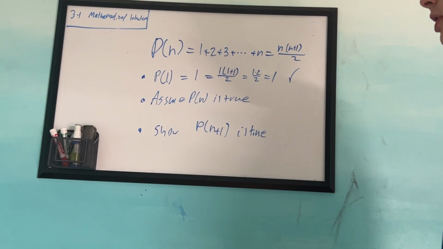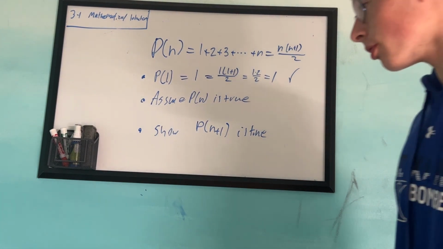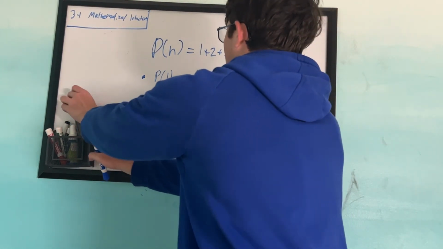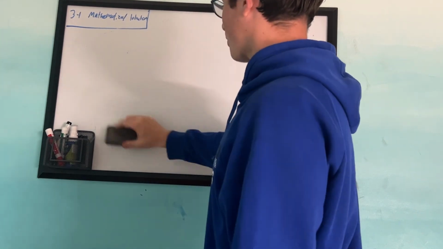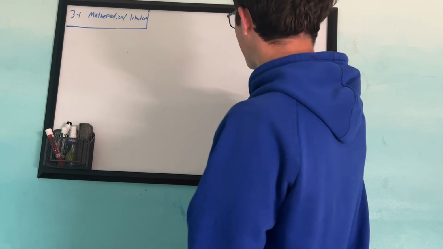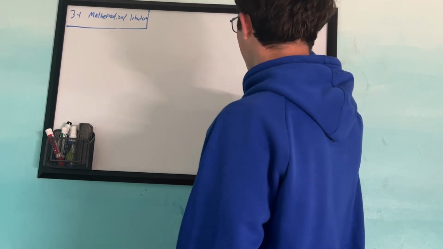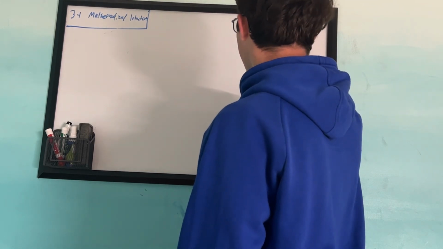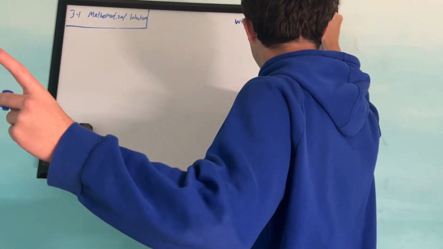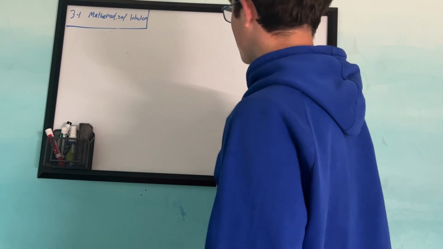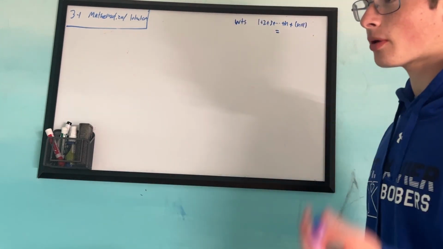And so, how do we prove that? It's quite simple. What we do is get something that we want to show. I'll write that up here. We want to show that 1 plus 2 plus 3 plus so on plus n plus 1 is equal to, remember it was n times n plus 1 over 2.